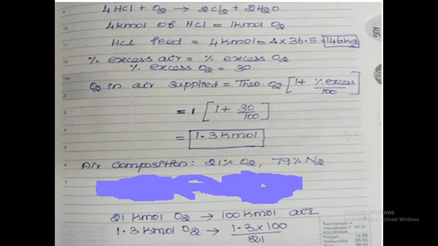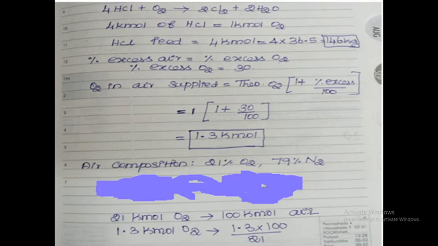Nitrogen acts as an inert gas and does not involve in any reaction. Only oxygen is involved in the reaction, that's why we consider only oxygen. Are you clear or not? Okay. So percentage excess air or oxygen is given as 30.